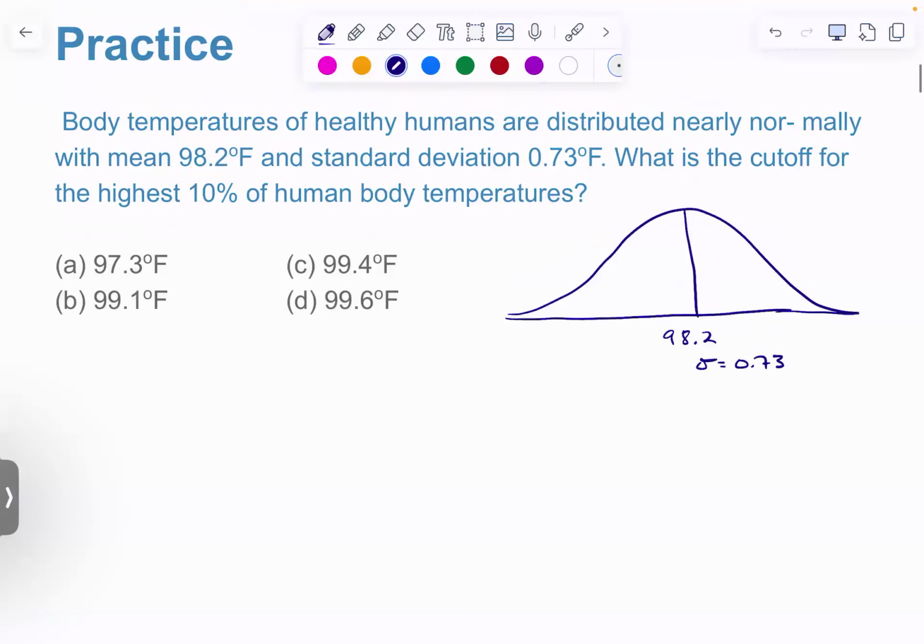The difference is this, right? The highest 10%. That puts us on the upper end, right? For these highest 10%, this area, I'm going to force to be 10% or 0.10.